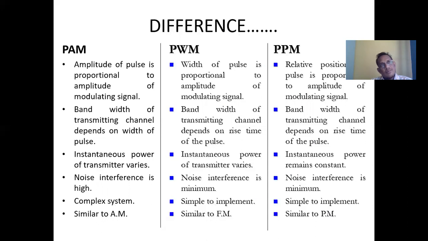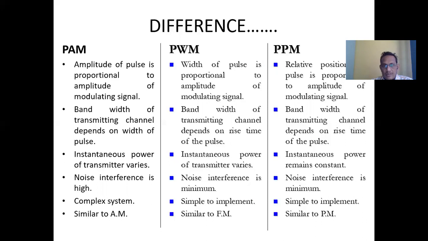Unit number 6, first part we already started, that is called digital transmission of analog signal. The main aim of this unit is how to convert the analog modulation technique into a digital one. For that case, initially we have defined the pulse analog modulation techniques or pulse modulation techniques.